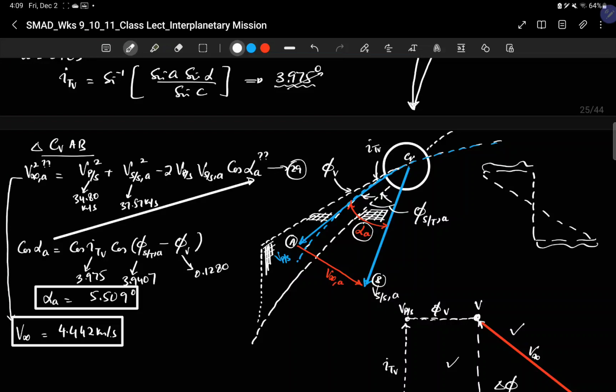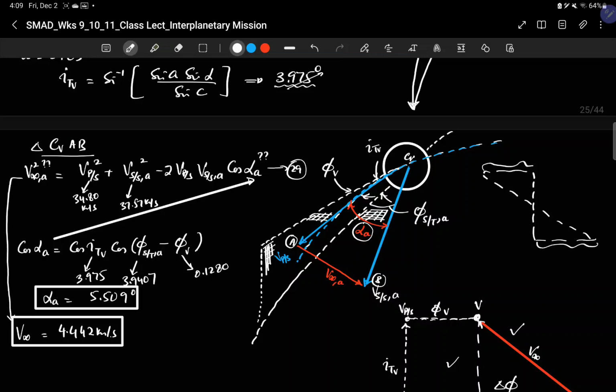So alpha A is the angle with which the spacecraft approaches the sphere of influence and will be looking at the planet for approach. This is how it's going to look at the angle, and we're going to draw that triangle.